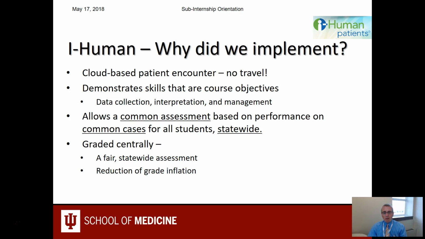It allows a common assessment based on performance on common cases for all students statewide and across the sub-internship rotations. And it's graded centrally, which provides the students with a fair statewide assessment and a reduction in grade inflation.